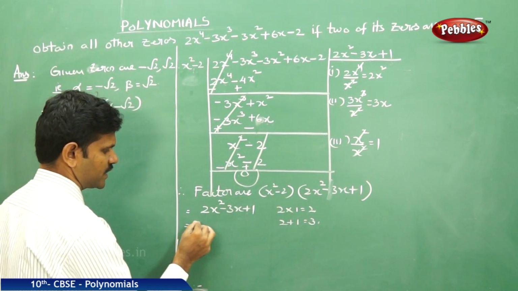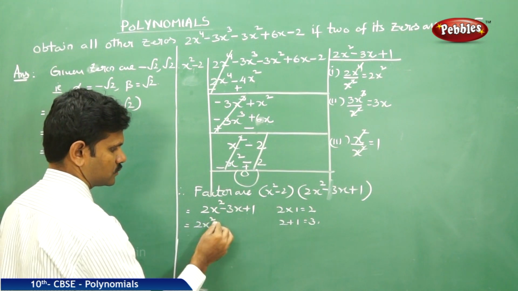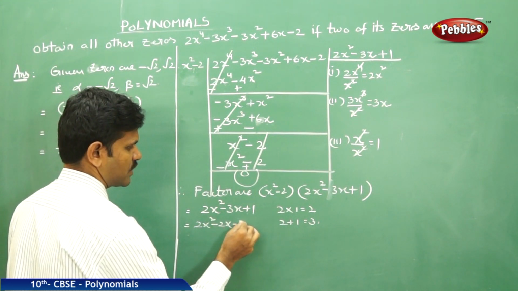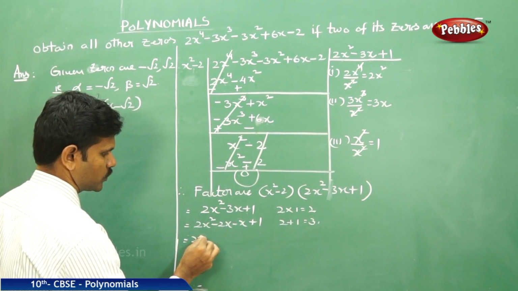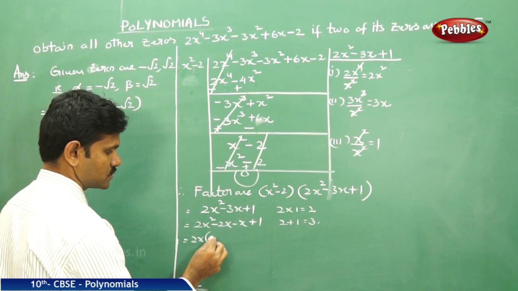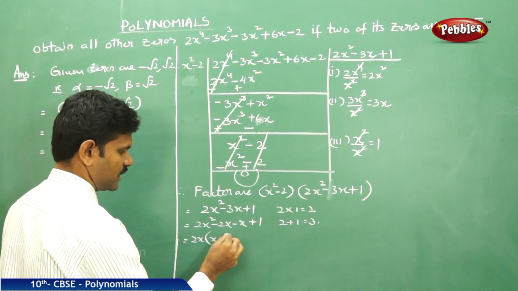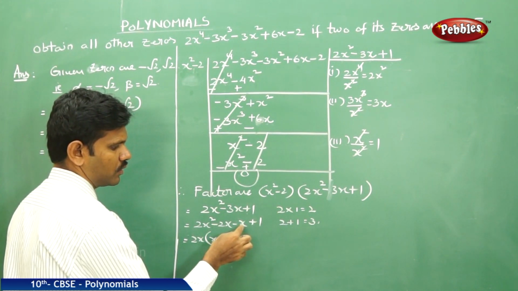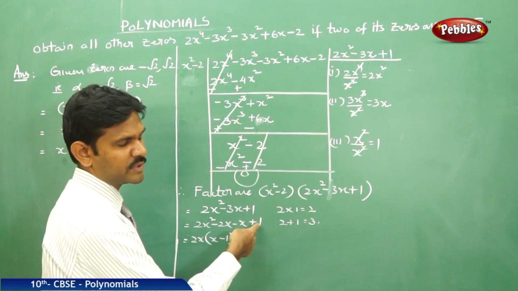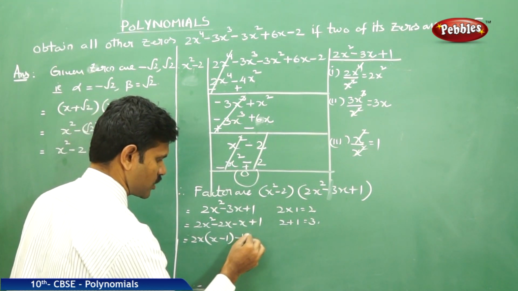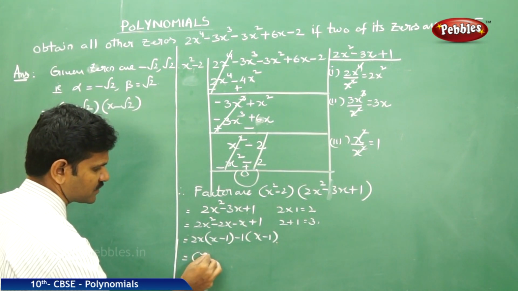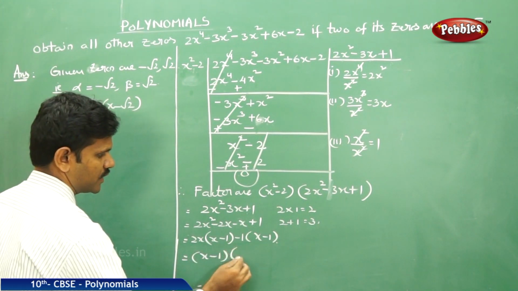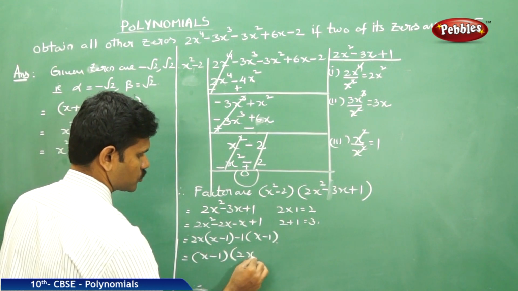Therefore we can arrange this as 2x square minus 2x minus x plus 1, that is equal to, take 2x common, that is x minus 1. From these two I am unable to take any number as common, that's why take minus 1 as the common, x minus 1. Therefore the common factor is x minus 1 and the other factor is 2x minus 1.